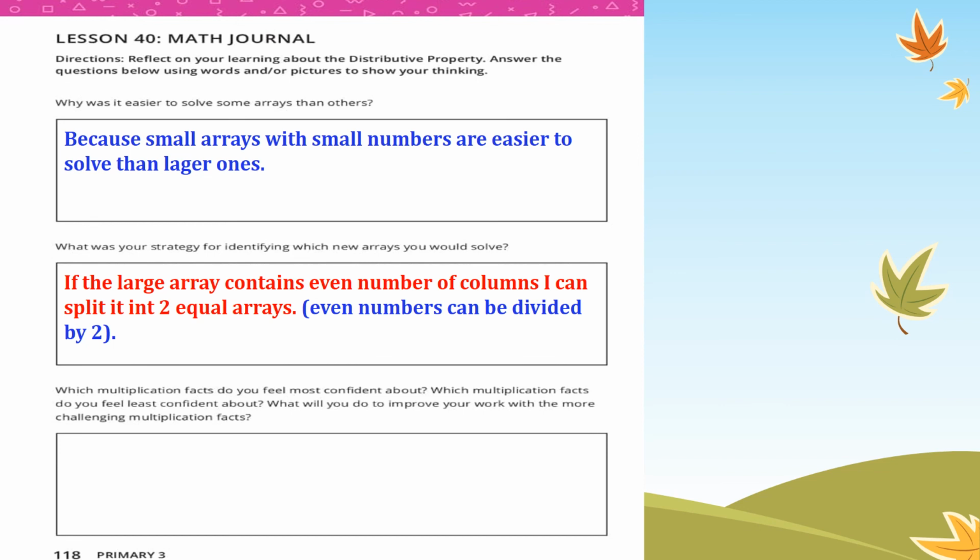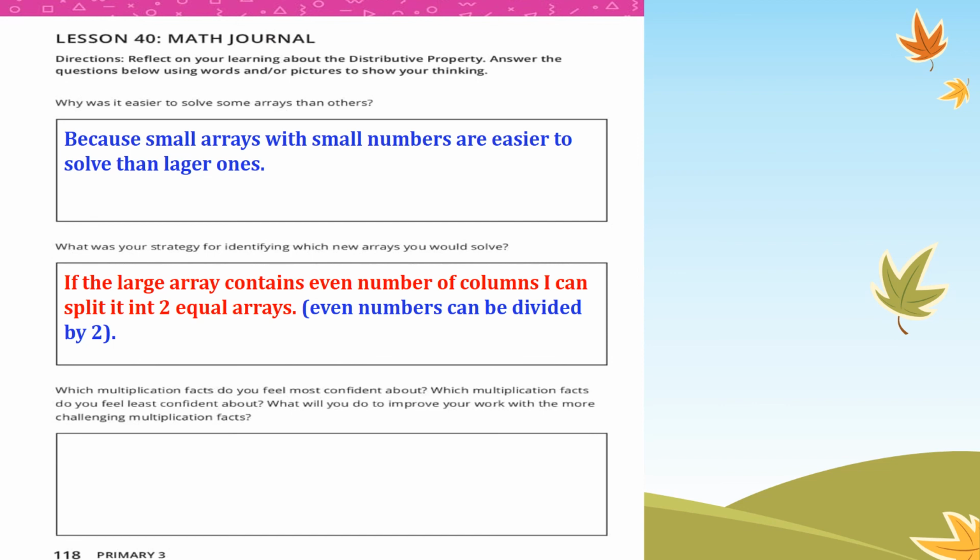It means if I have a large array with 10 columns, I can cut it into 5 and 5. But if I have a large array of 9, I can't cut it into equal numbers. 9 can't be divided by 2. So I can't find two equal numbers that, if I added them, will give me 9.